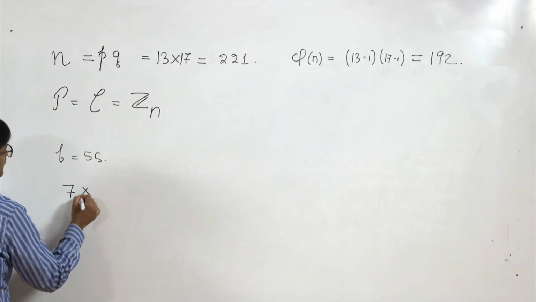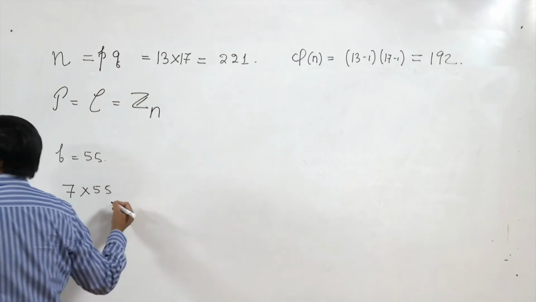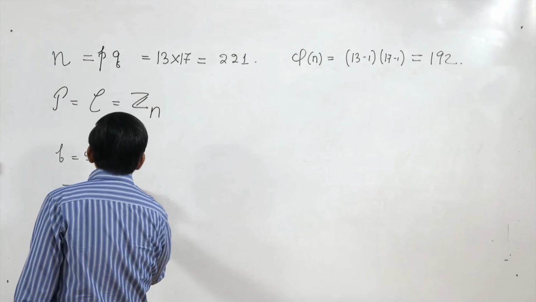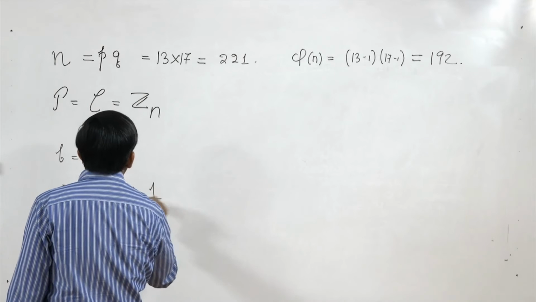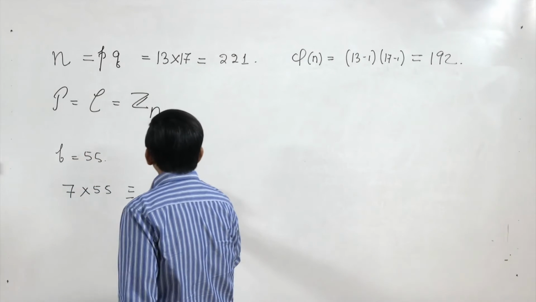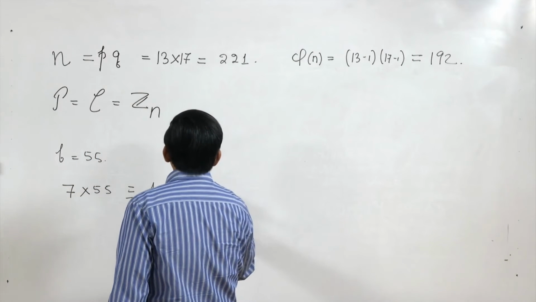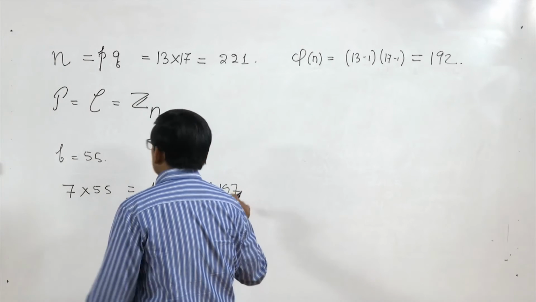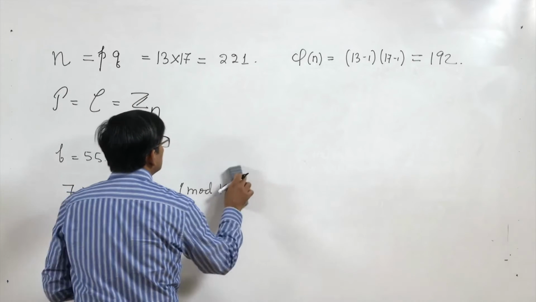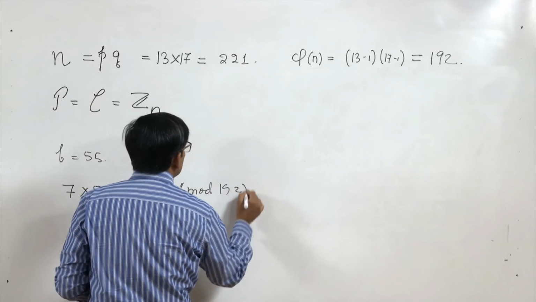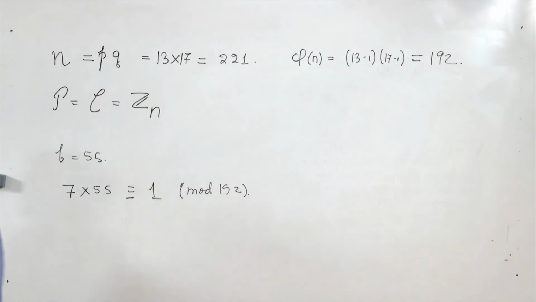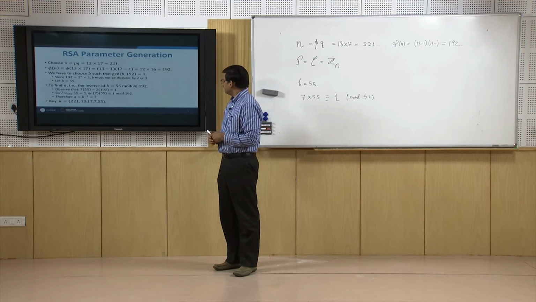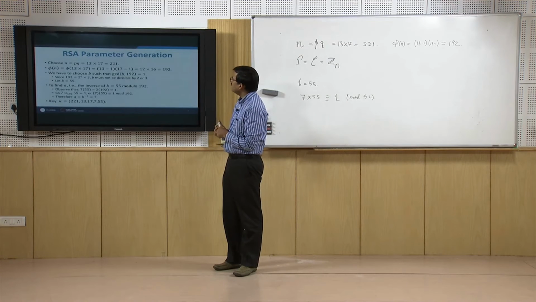So, we can check that 7 into 55 is congruent to 1 mod 192. We have this, and now we have a setup over here.